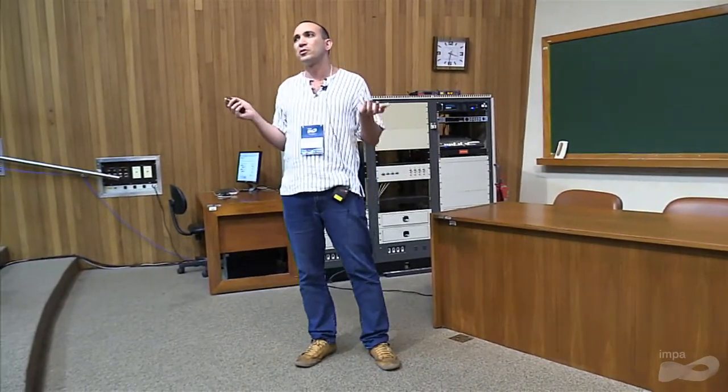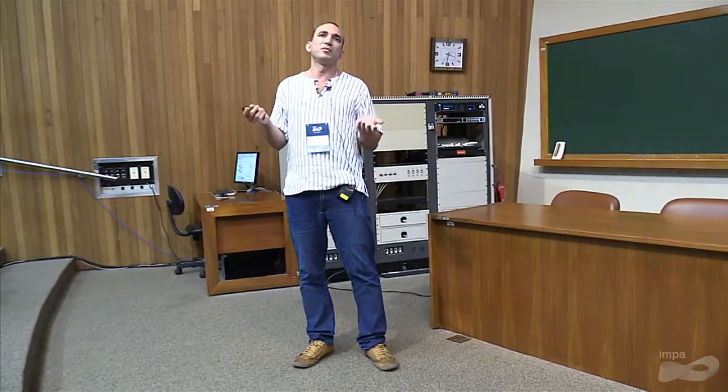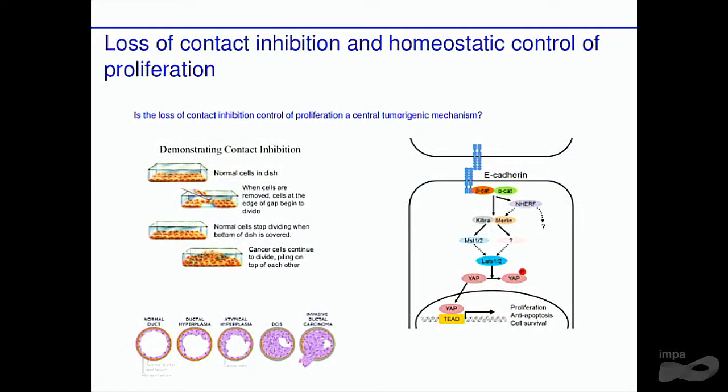If you take normal cells, put them into a plate to do some culture experiments, and watch them grow, and then at some point you remove some cells and keep watching to see what happens, normal cells will just cover that region and stop proliferating. They will stop dividing, so everything is going to be okay. There won't be any abnormal proliferation.